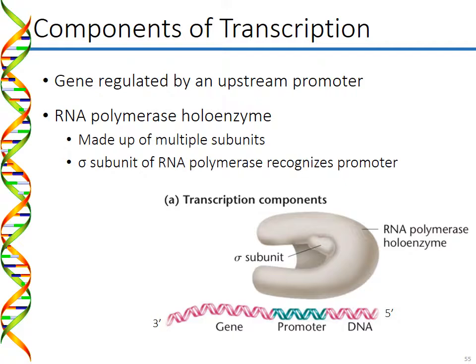The reason for focusing on the prokaryotes is because generally the eukaryotic mechanisms and components and overall processes are far more complicated. For example, with transcription, there's a whole slew of eukaryotic transcription factors that are involved in the process.